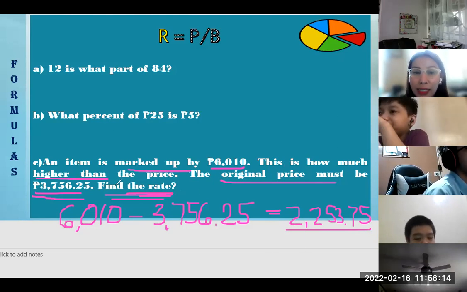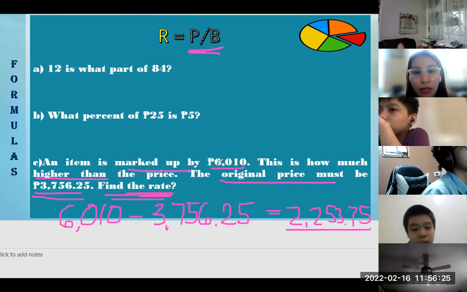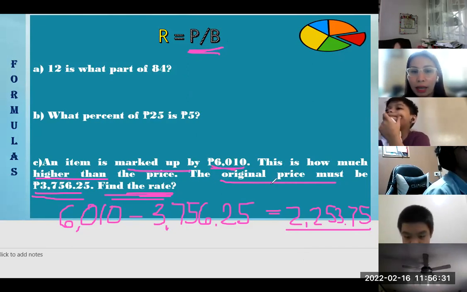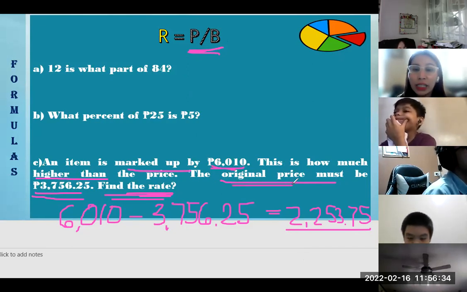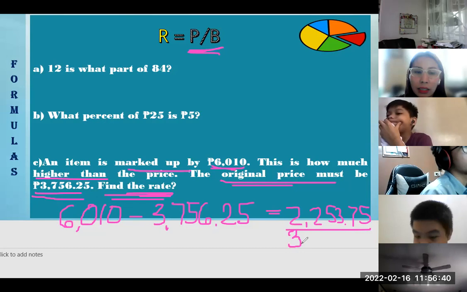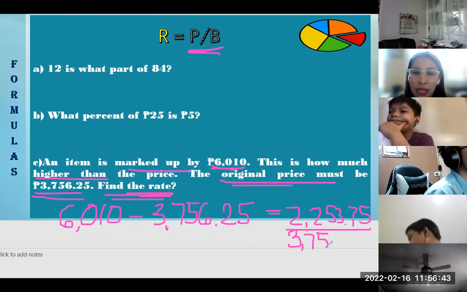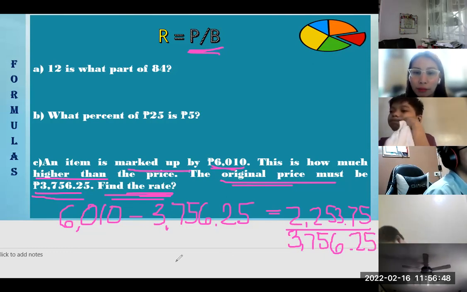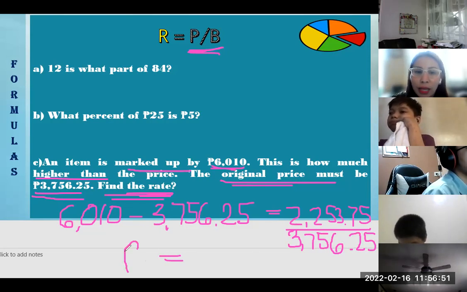So question, what will be our base? Is it the 3,756.25 or this one, 6,010? Okay. We must get the original price, 3,756.25. And that will be our rate.